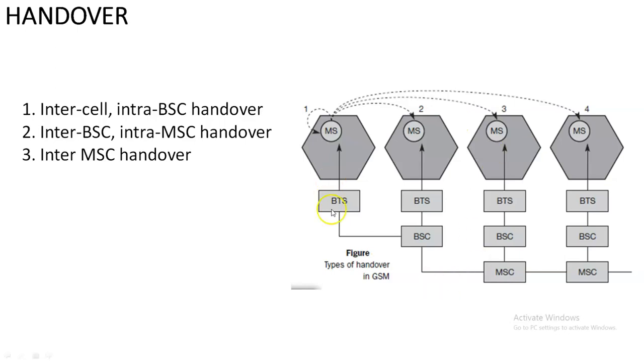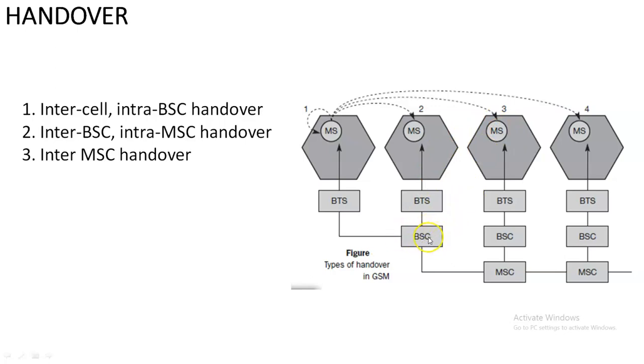Here also, when you are roaming, in cell 1 now, the BTS signal becomes weaker. So the BTS will inform the BSC that the mobile station is roaming. The BSC will try to find a nearby BTS. But here you are moving towards cell 3, so no nearby BTS can be allocated by this BSC.